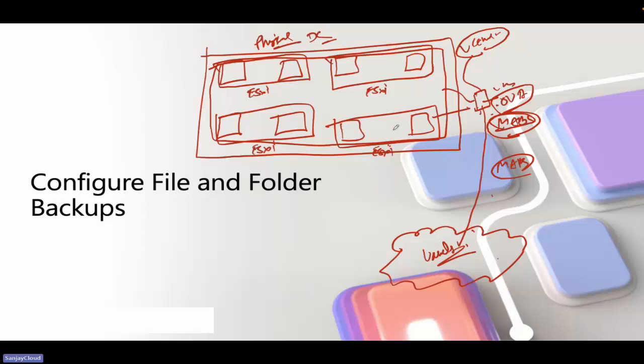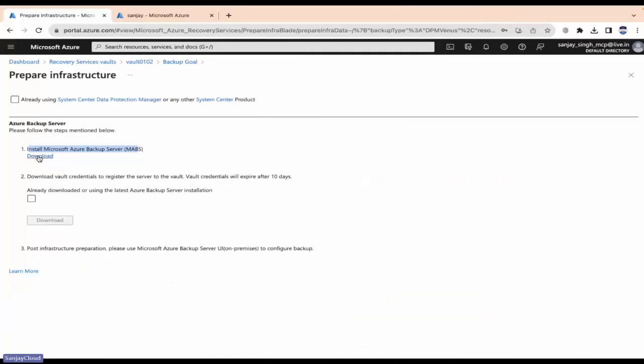You will now discover all servers, and you will be able to take backup of all your on-premise servers to the Azure Recovery Vault. You have to download this agent. It's a tool which you will download on your local system, and using this MABS server, you will create a virtual machine.